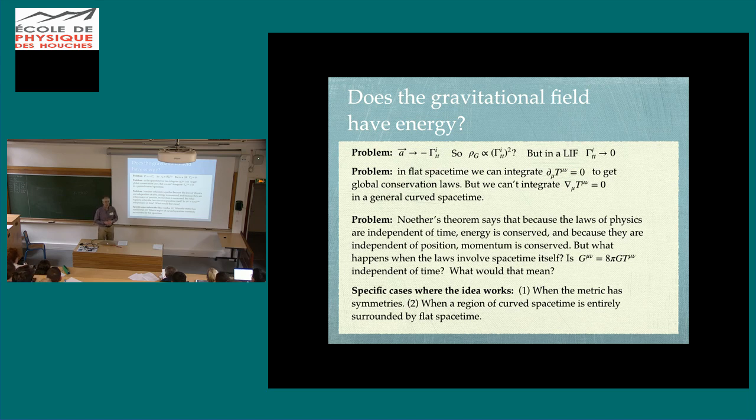And it is true that, for example, if you take the Schwarzschild metric, it's symmetric in time, as we were talking about yesterday. It's also symmetric in rotation. And because of those things, you have conserved quantities, which correspond to energy and angular momentum.